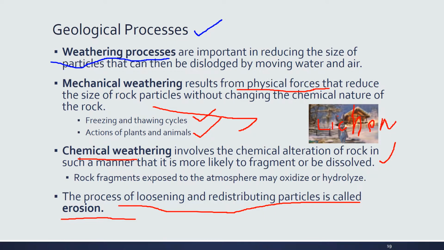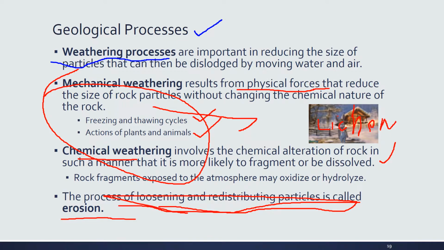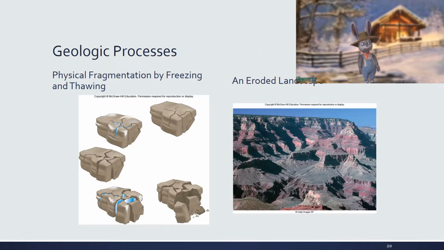So erosion just means you're taking these weathered materials and moving them around and loosening them, or separating them, which causes some type of soil formation. So when we look at the geologic processes, an excellent example of mechanical fracturing or damage is a crack in a big rock: water gets in, and guys, you don't need freezing and thawing to make water expand and contract, but it does it the best.